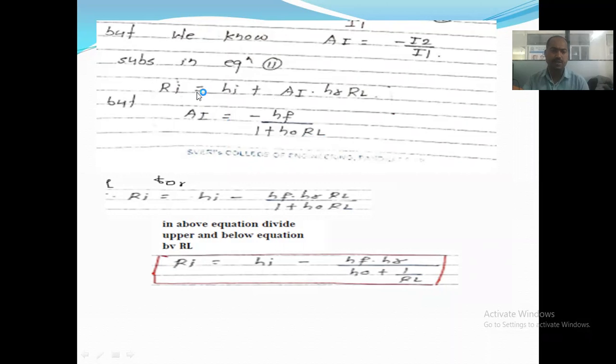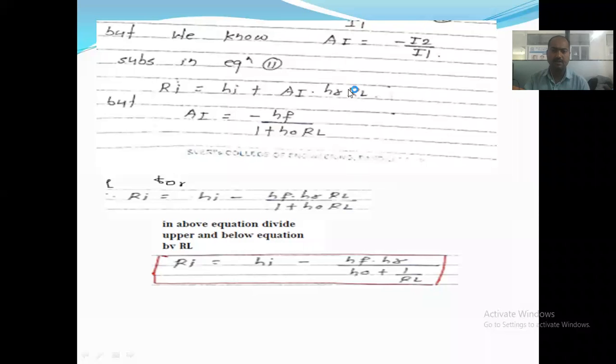So Ri equal to Hi, this minus as it is, then Hf divided by 1 plus Ho RL multiplied by Hr RL. See here, Hr RL. So your equation is Ri equal to Hi as it is, minus Hf Hr RL divided by 1 plus Ho RL. This equation should be coming. Okay, so this is the equation for the input impedance, right?